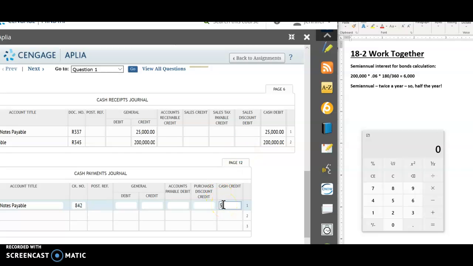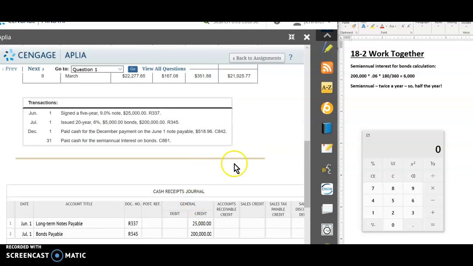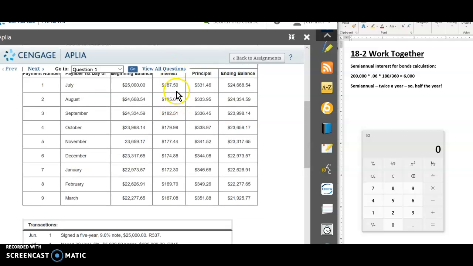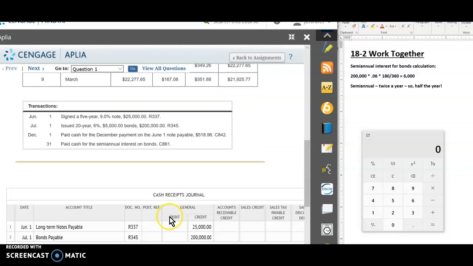And so since we are making a payment, it has to be over here in cash credit. Okay, and the amount, our monthly payment is always $518.96. The things that change is how much goes towards principal and how much goes towards interest. So our two debits are going to be long-term notes payable and interest expense. All right, you don't have to do any calculations. You just have to remember to come up here to December, and this column is interest. Okay, so December is $174.88.